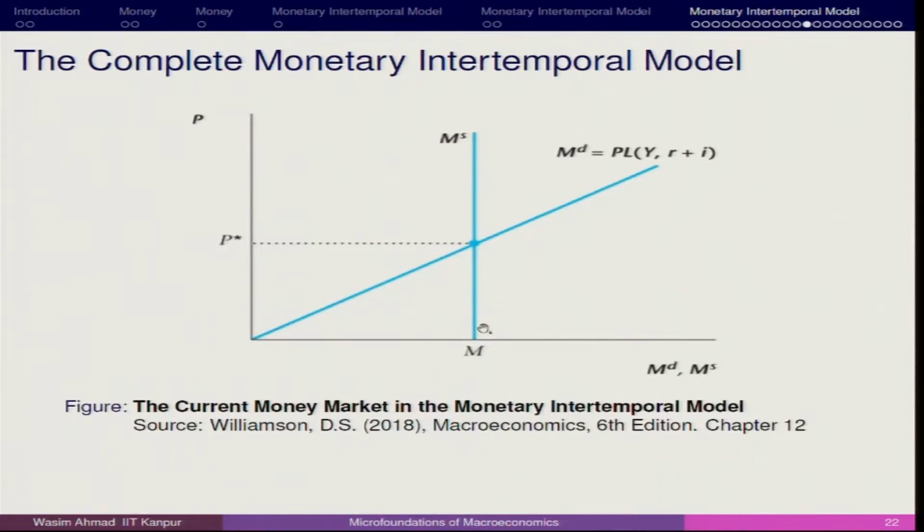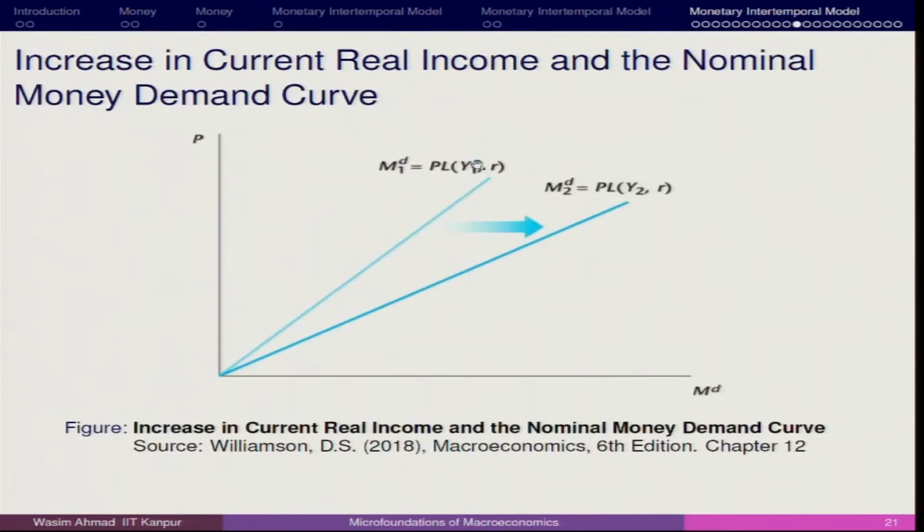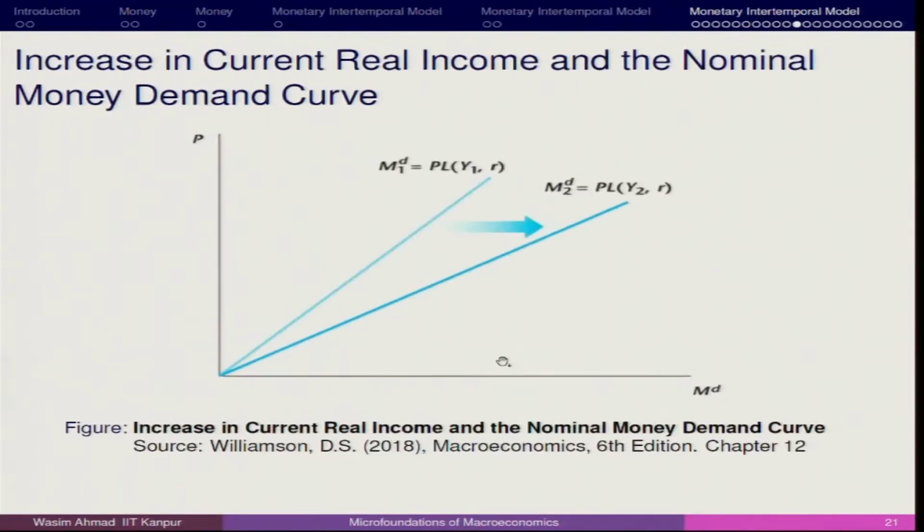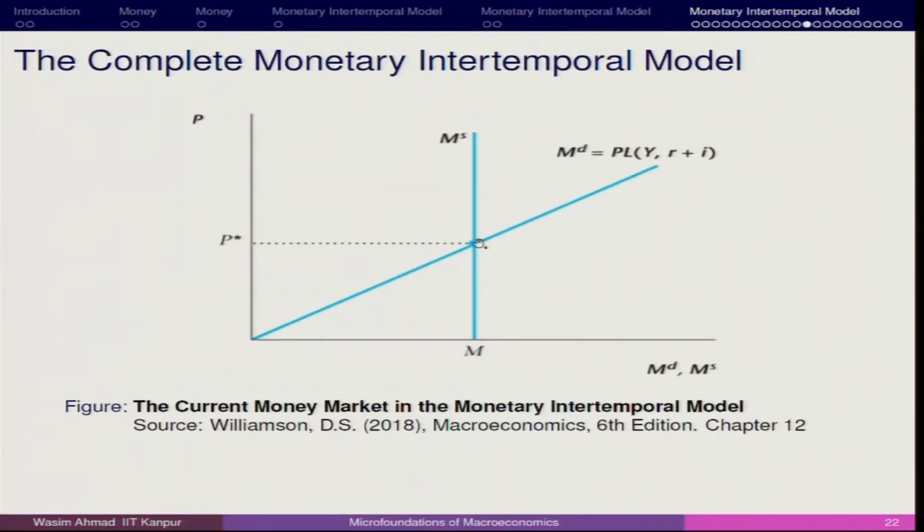Here you have the demand for money, which depends on PLY R, plus I, which we are assuming is 0, so it is just PLY R. The money supply is coming from the equation that we used just now for the government, the rate of growth in money supply. The intersection of demand and supply decides the equilibrium prices in the economy.